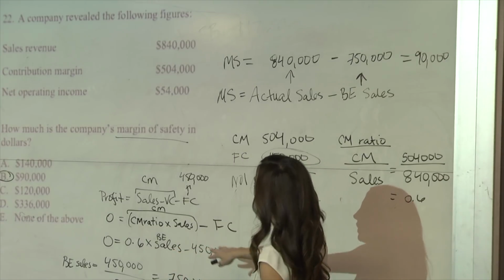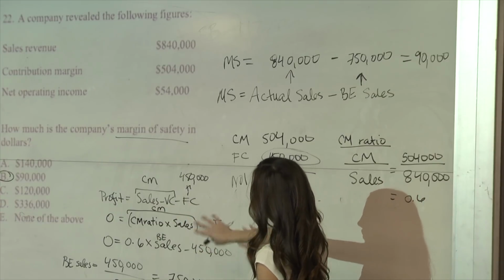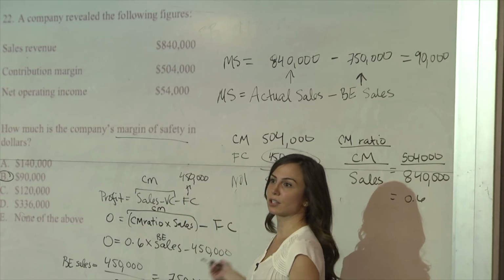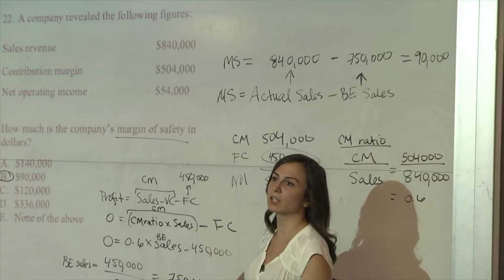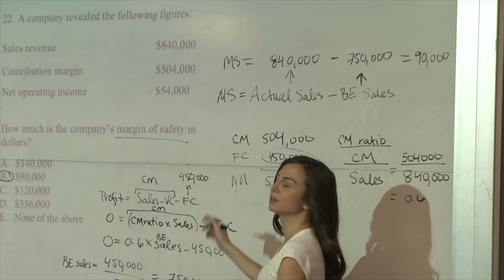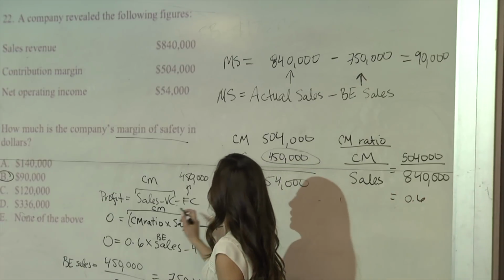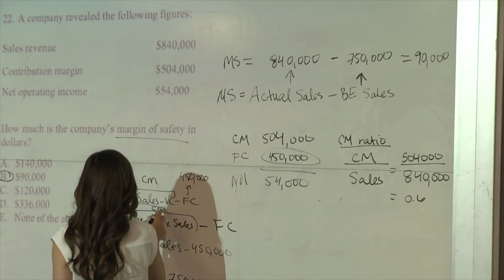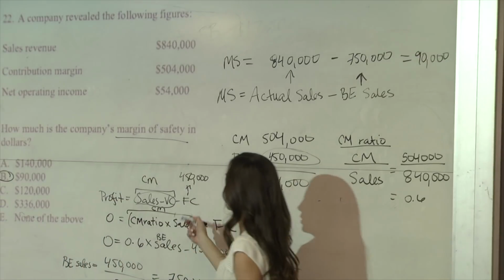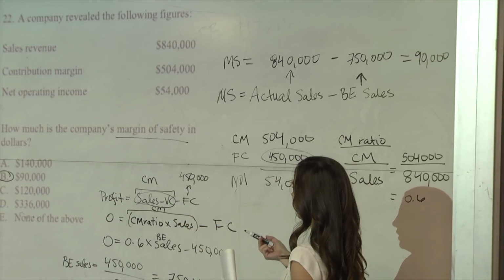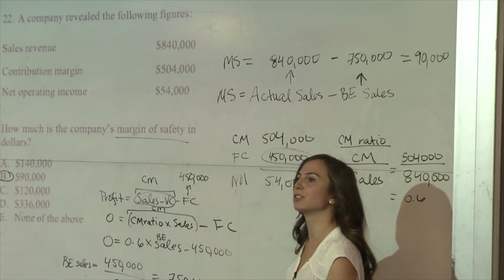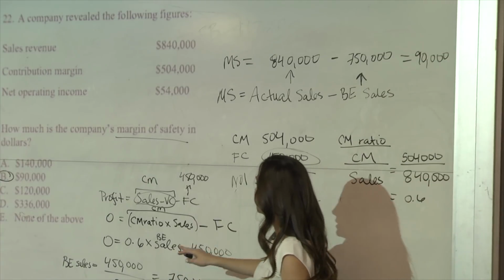So basically what I'm doing is starting with the knowledge that profit equals sales minus the total cost, which is comprised of variable and fixed costs. I want to get this sales minus variable cost into a form that allows me to derive the break-even sales.